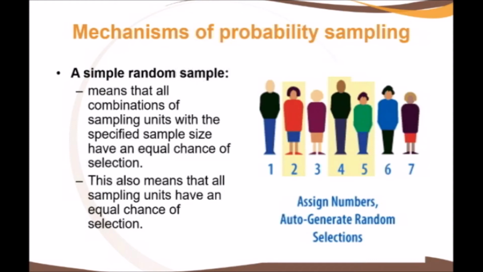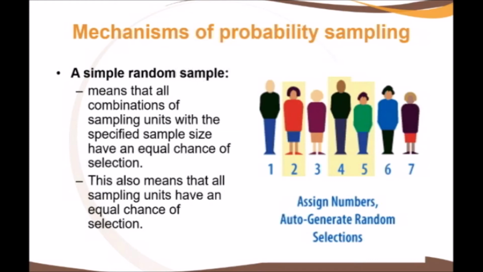Yes, good. So let's look at mechanisms of probability sampling. The first and the easiest and the most commonly used is what we call simple random sampling. What does it mean? It means that all the units have an equal chance of being selected. For example, I've put up an image there.